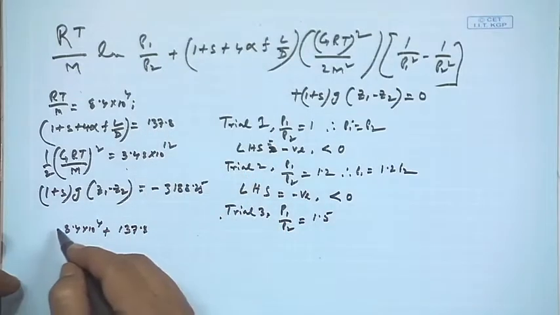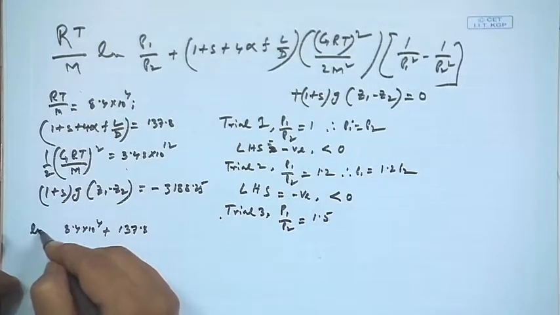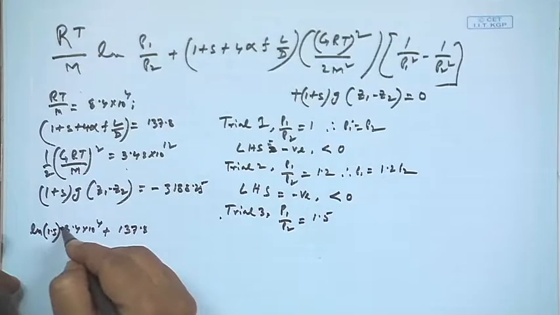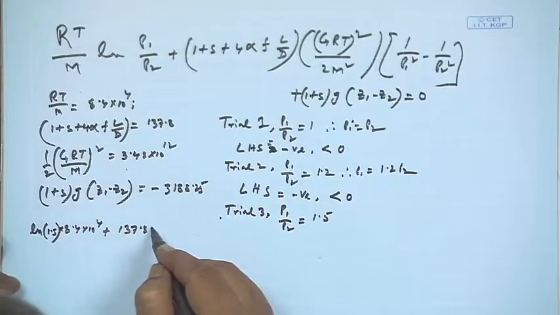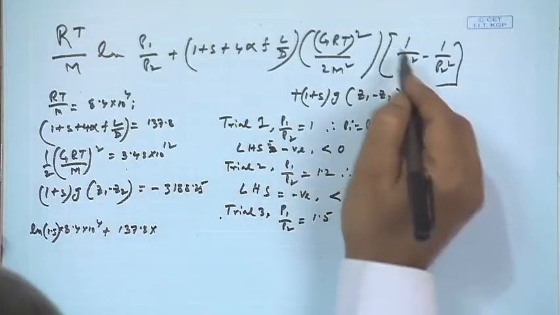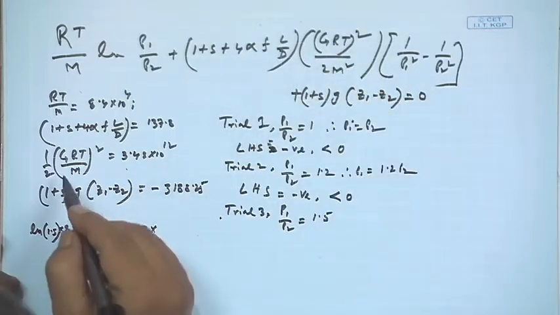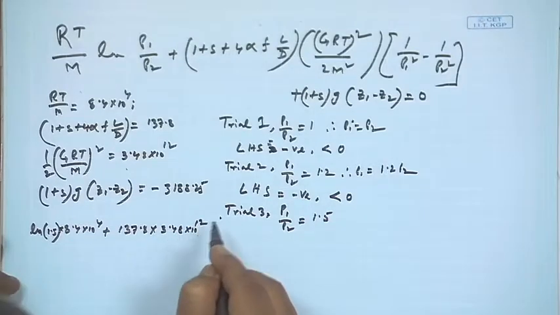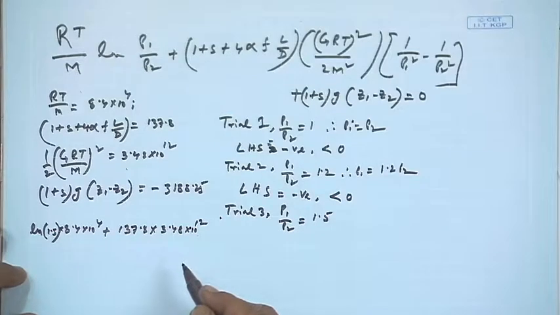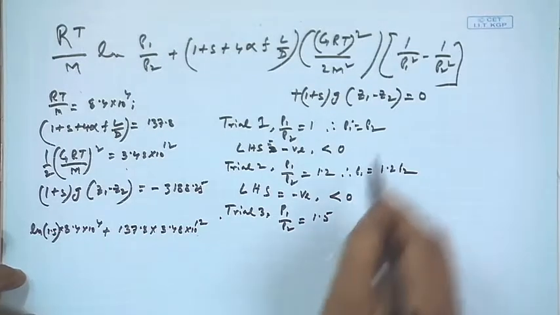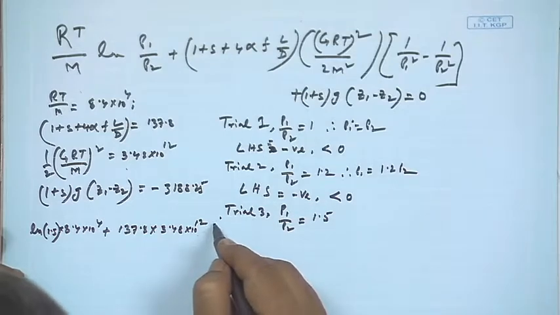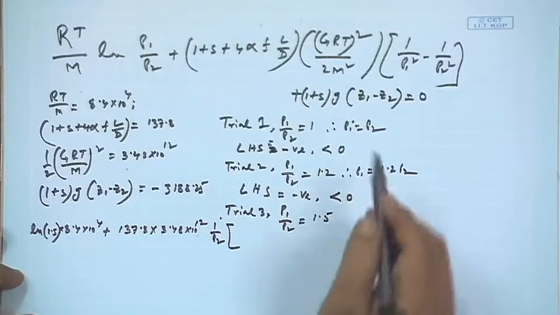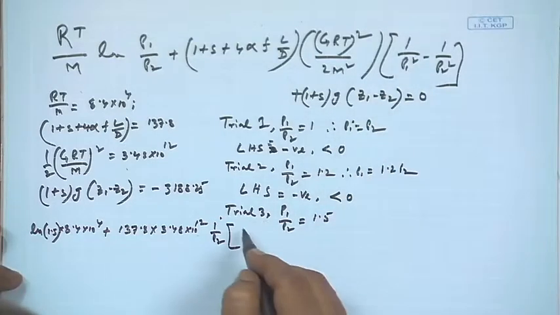Of course, here ln of P1 by P2, that is ln of 1.5, into this whole stuff which was 3.48 into 10 to the power 12, and we took 1 by P2 common, and inside it becomes 1.5, right.